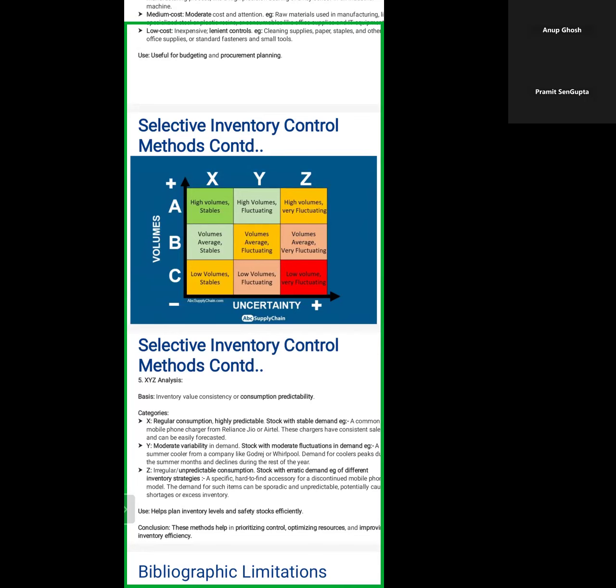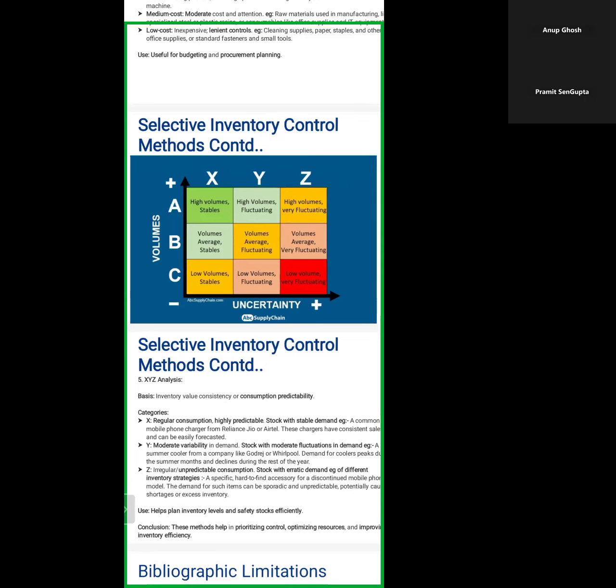As we go up from C to A category, we can see that high volume stable goods have low uncertainty levels in fluctuations of stock movement. This matrix talks about the coordination between ABC going up and XYZ going down, and ABC going down with XYZ going up.